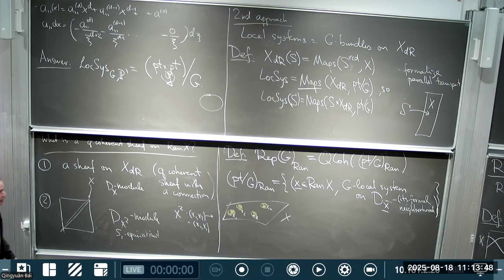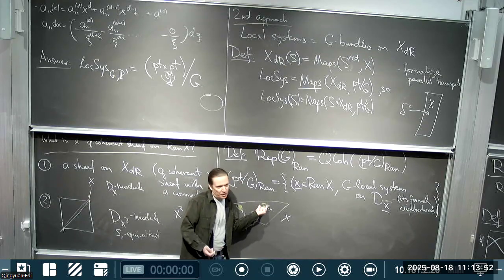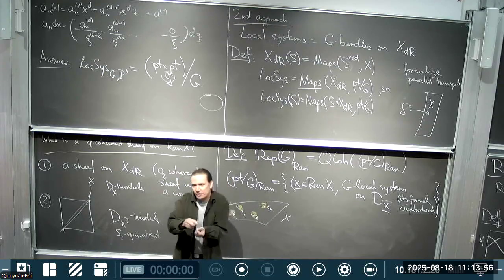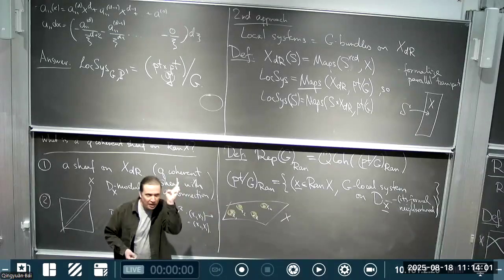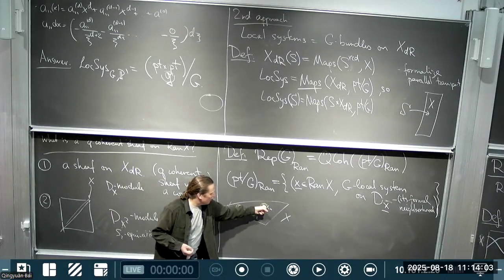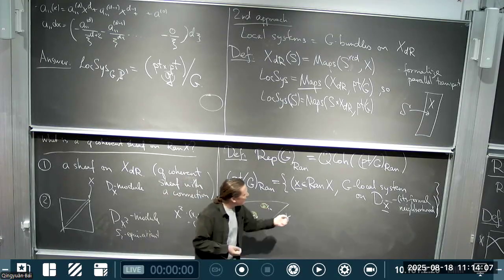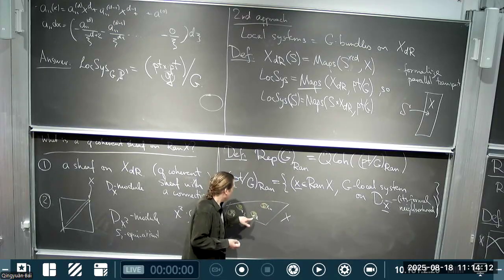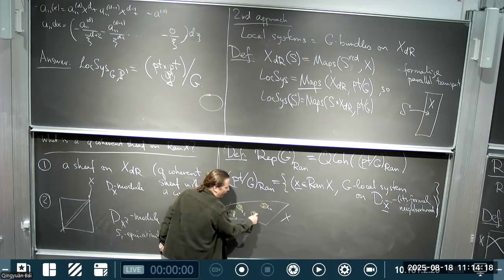Because a formal disk is contractible, or if you like, because the de Rham stack doesn't feel the infinitesimal deformations, a local system on a formal disk is determined by its fiber at a single point. So if you have n points, it would be the same as just having a G bundle at a finite set.